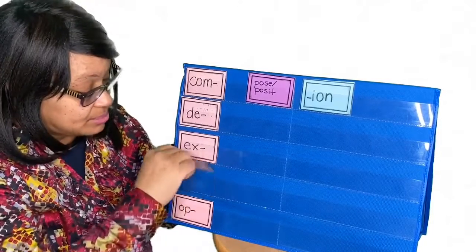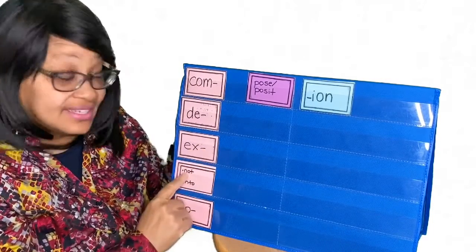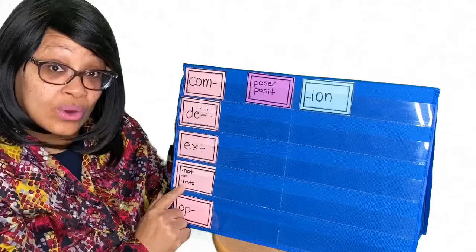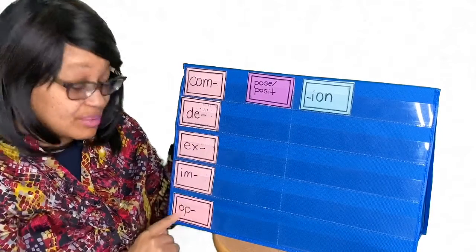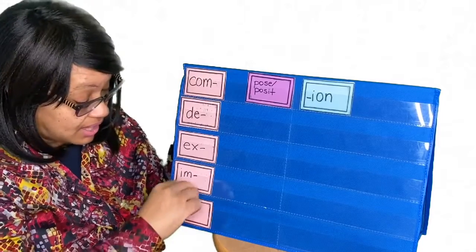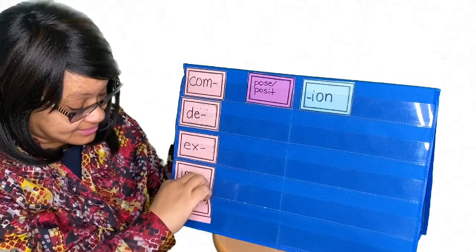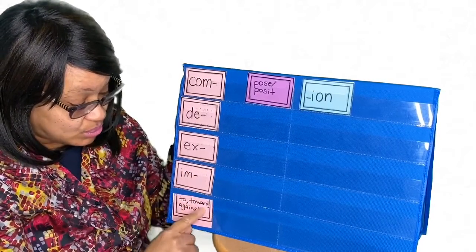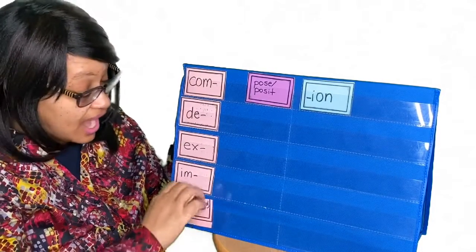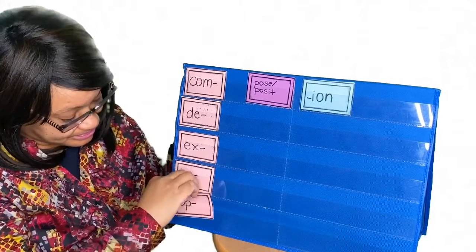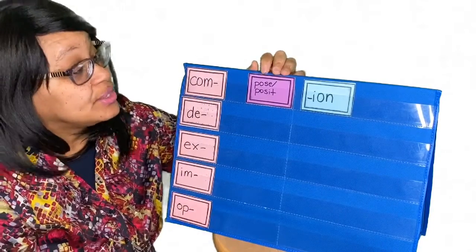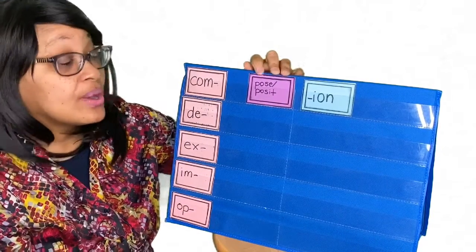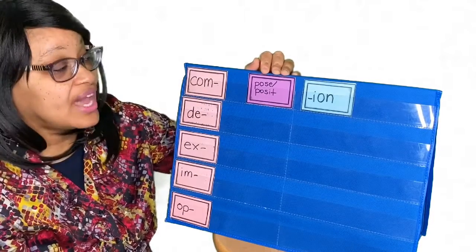The prefix im means not, in, or into. And the prefix op. Op means to, toward, or against. Our root is pose or pause, depends on how it's coming out.